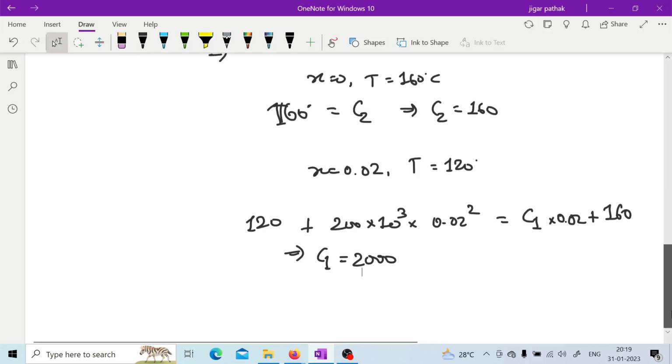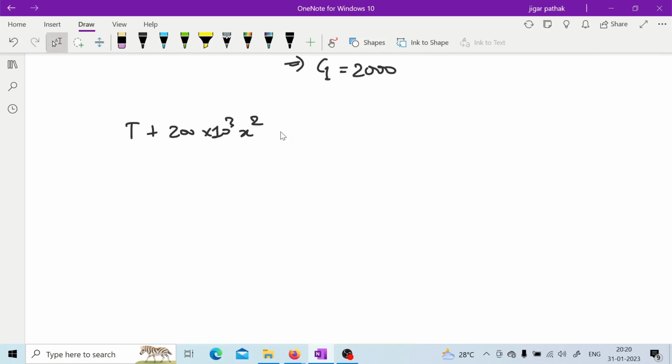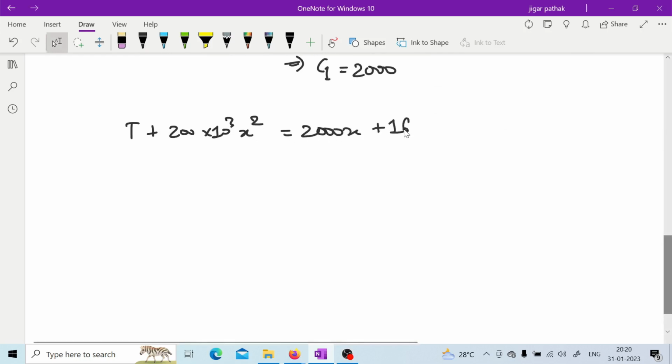So if you put all these values in that equation, then you will get T plus 200 into 10 raised to 3 x square is equal to 2000x plus 160. Now the condition for maximum temperature is dT by dx should be 0.